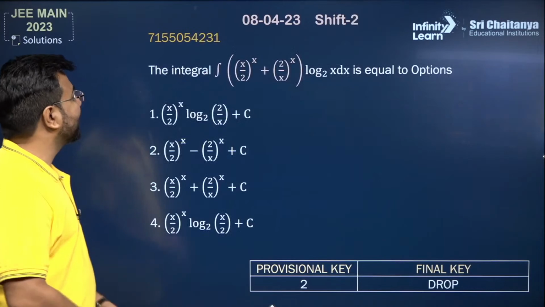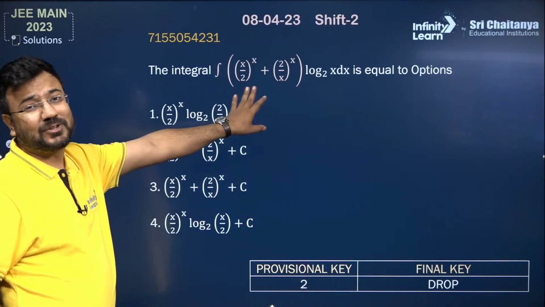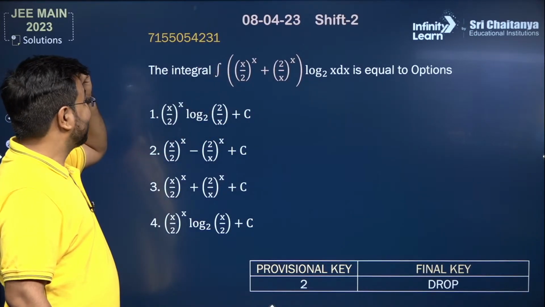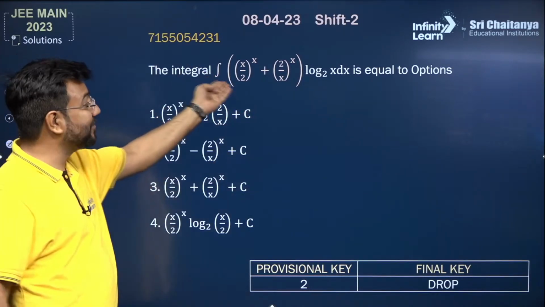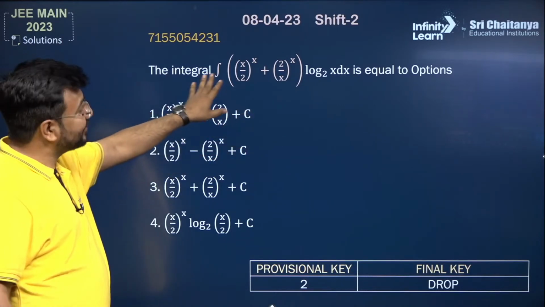Moving ahead to the next question. This is also something NTA has done very badly with you. The question would not be framed in this way, because this is a very easy question.